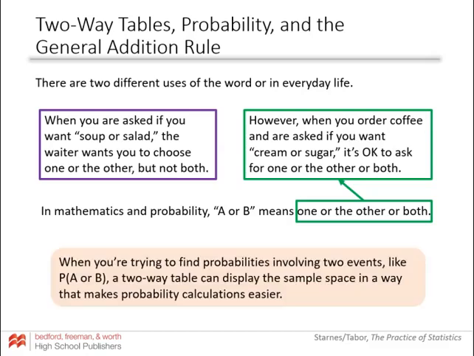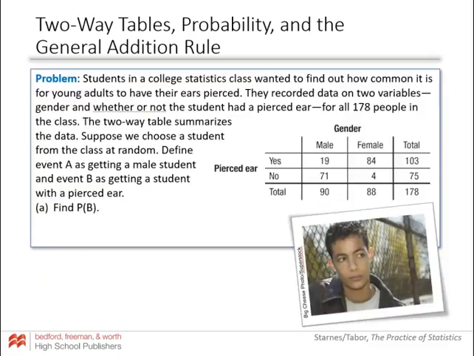Because the math can get confusing, sometimes it's easier to look at things in a two-way table. We've seen these in an earlier chapter, and we've done these kinds of frequencies before. So we have some data on gender and whether or not people have their ears pierced. We're going to look at two events.